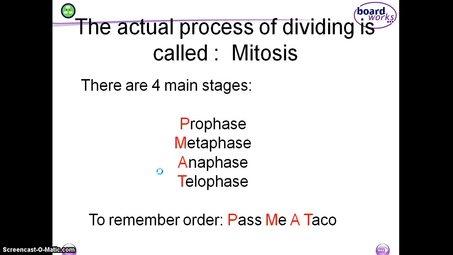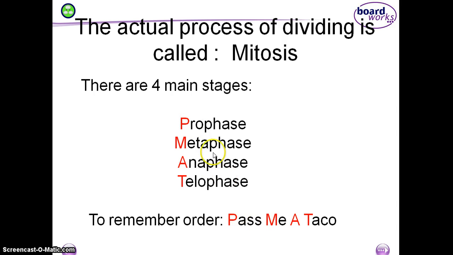Okay, then after interphase is the actual process of the cell dividing. So the next steps are called prophase, metaphase, anaphase, and telophase. And you need to remember the order of these steps. To remember the order of these steps, you need to remember this saying on the bottom here, pass me a taco. The first letter of each word stands for one of the steps of mitosis, of cell division.